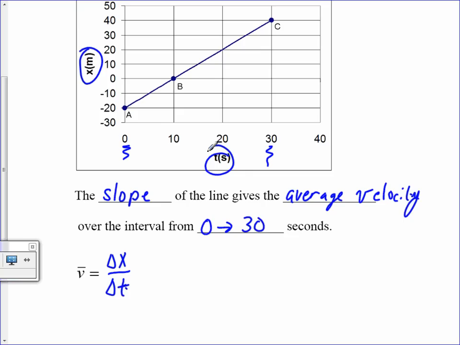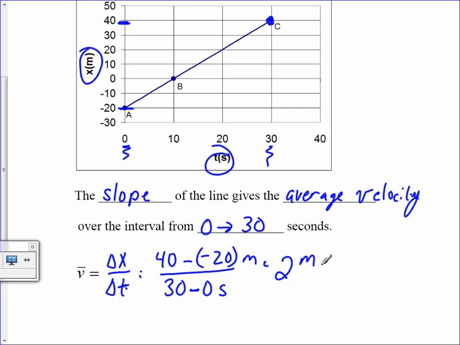So if I look at delta x, it's going to be 40, that's the position up here, minus a negative 20, divided by 30 minus 0. And that's equal to 2 meters per second. So that is my average velocity, and it's equal to the slope of this line. So the slope of this line is 60 over 30, rise over run, which is equal to 2 meters per second.